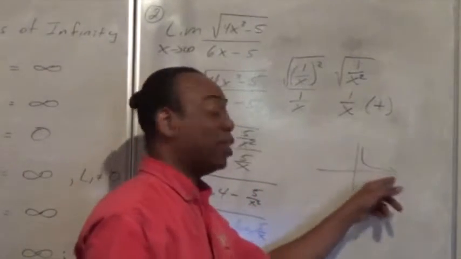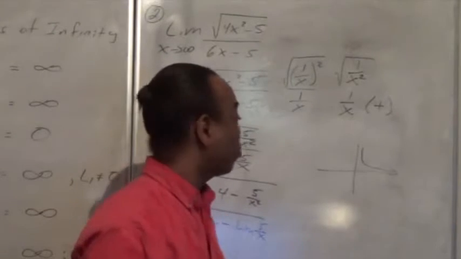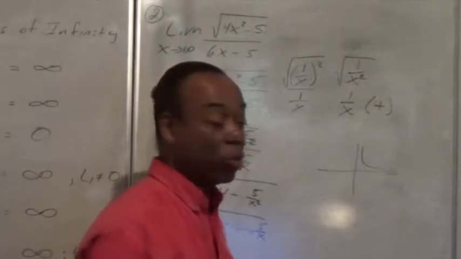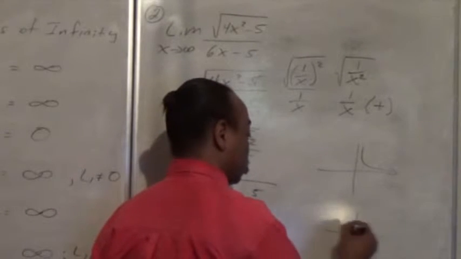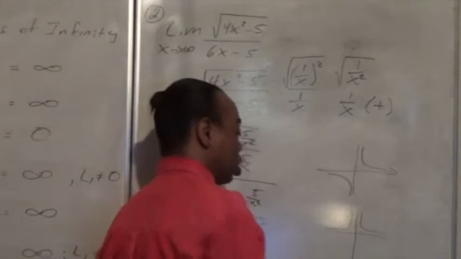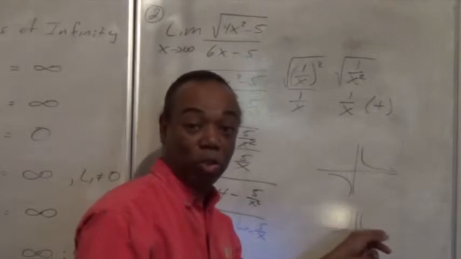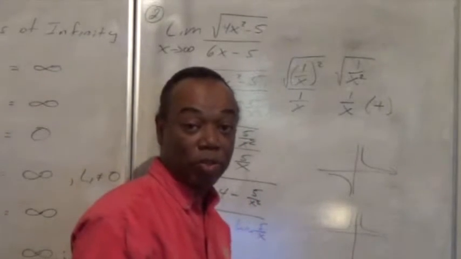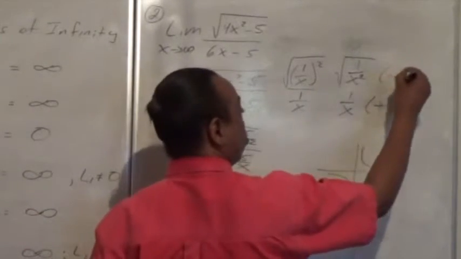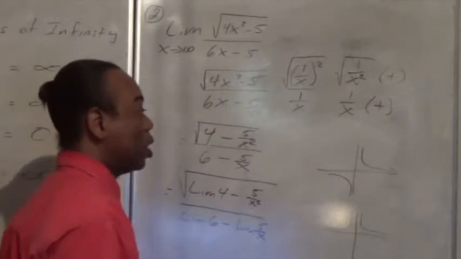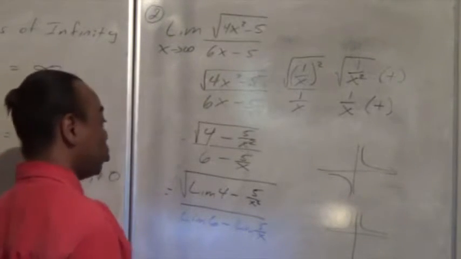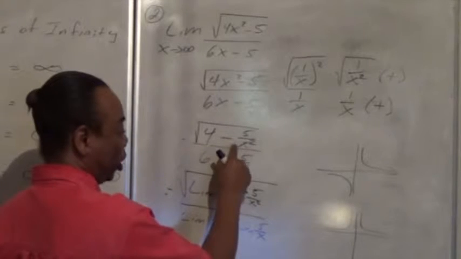So we're using positive numbers to go to the right, very important. 1 over x squared, as you go to the right, also uses positive numbers. It looks like this, and as you go to the right, it uses positive numbers to go down to 0. So that means we're multiplying the top and bottom by essentially positive numbers, so nothing has changed here.